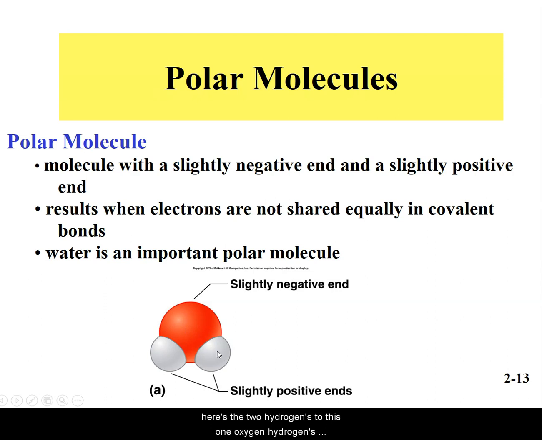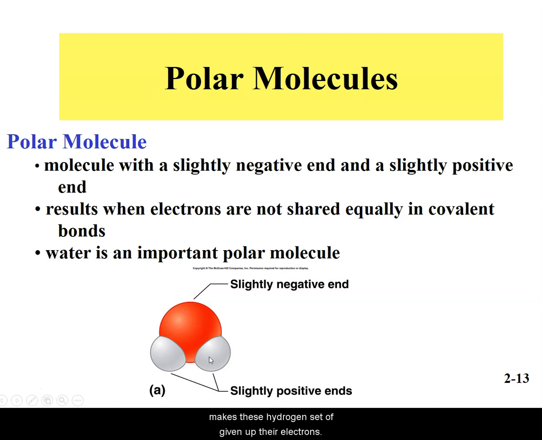Hydrogens give up their electrons very easily. They donate their electrons very easily, and oxygen, as we stated in the last slide, needs 2 electrons to have its valence shell filled up, and it holds on to those electrons.